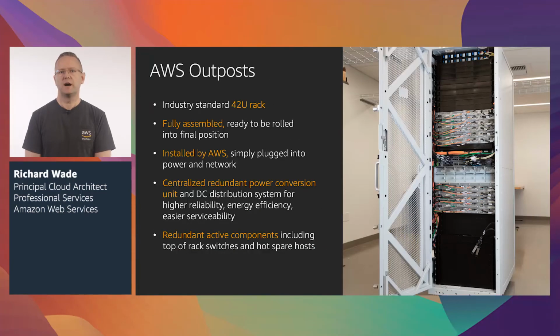But what if you want high network performance in very close proximity to your users? What if you need to deploy workloads which require low latency access to on-premises systems, to do local data processing, or to access local data storage? AWS Outposts are now available as a fully managed service which extend AWS infrastructure, services, APIs, and tools to data centers, co-location spaces, and on-premises facilities close to your users, applications, systems, and data.